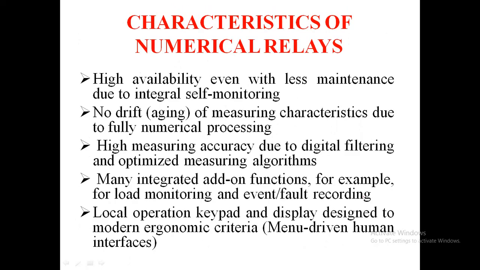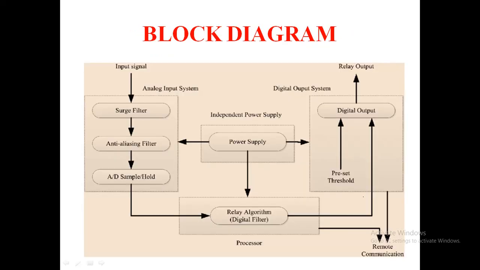Some of the characteristics of numerical relay are high availability even with less maintenance due to integral self-monitoring, high measuring accuracy due to the digital filtering and measuring algorithms, and also, due to fully numerical processing, many integrated functions, for example load monitoring, event or fault recordings, and local operation keypad and display designed to modern ergonomic criteria, meaning menu driven interfaces. So this is our block diagram of a numerical relay.